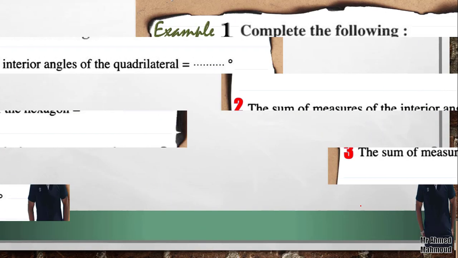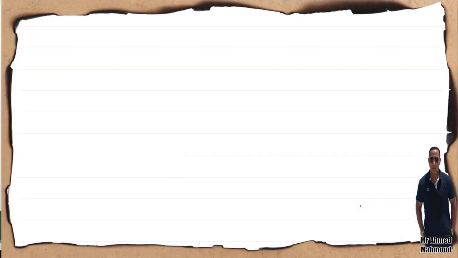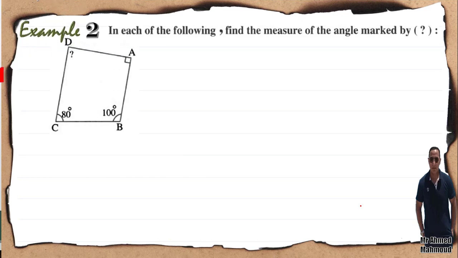degrees. Now example 2. In this example, find the measure of the angle marked by a question mark. Here we have angle D, and angle D is inside a quadrilateral. So first I need to evaluate the sum of interior angles.